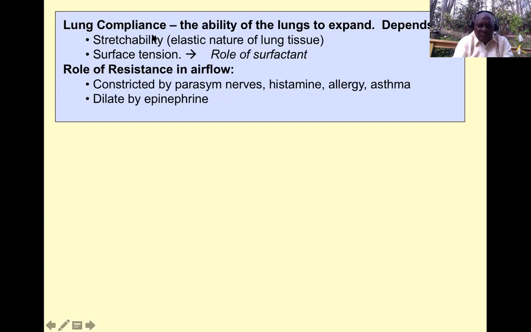Here again, you can have another disease that can affect the elasticity of the lung. So things like asbestos. Asbestos is the material that was used to manufacture roofs in the past.